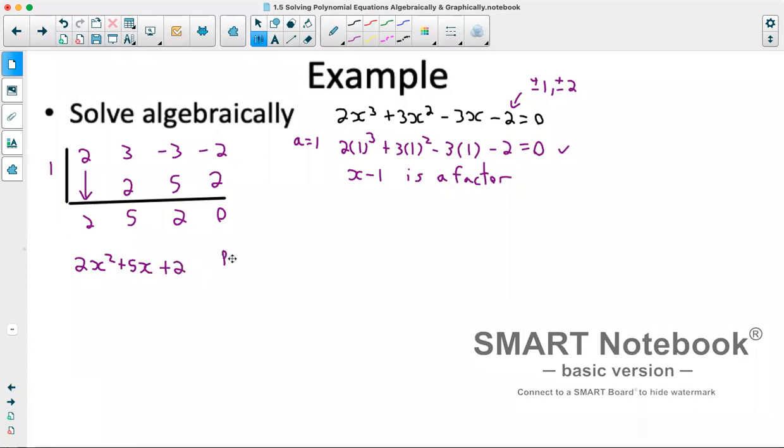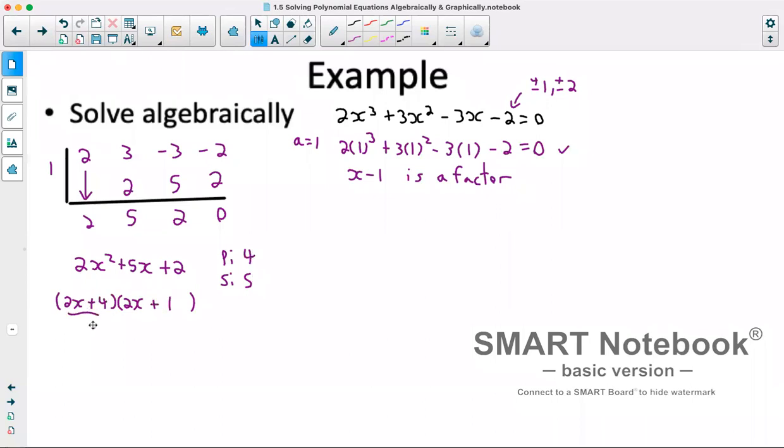We'll now factor this using a modified product-sum from grade 11. So we've got a product that's 2 times 2, so 4, with a sum of 5. So we start each bracket with 2x. Two things that multiply to 4 and add to 5 would be positive 4, positive 1.